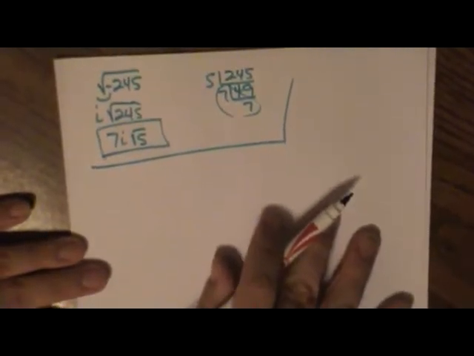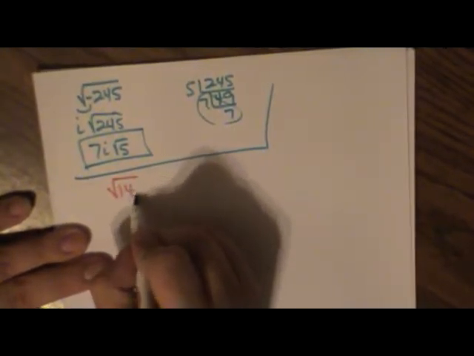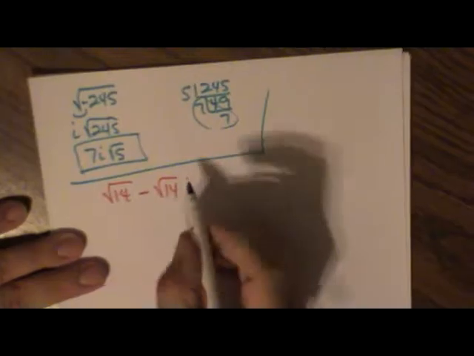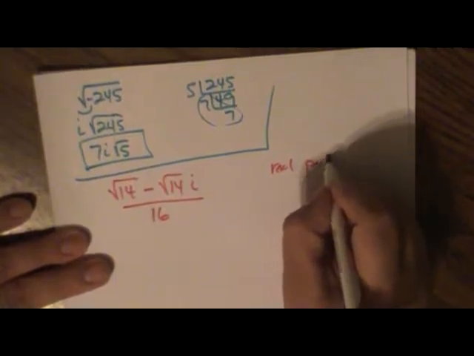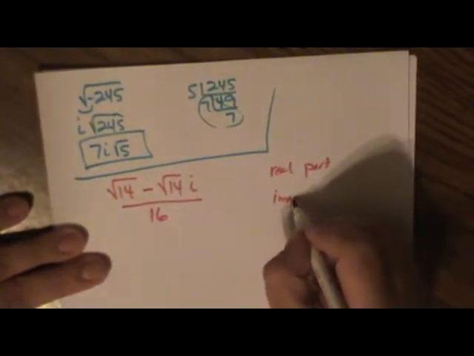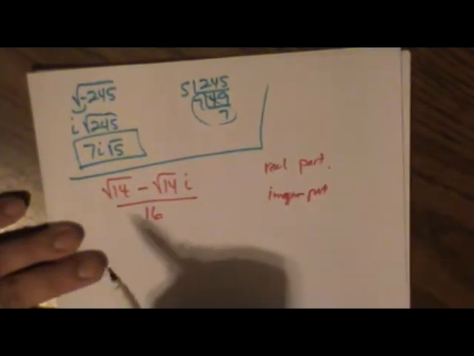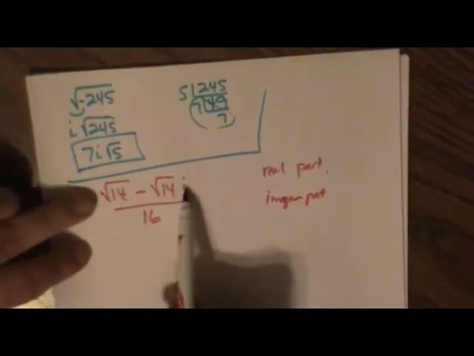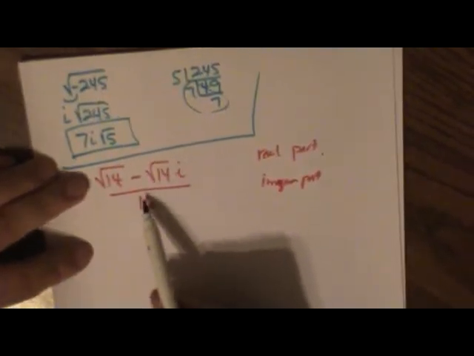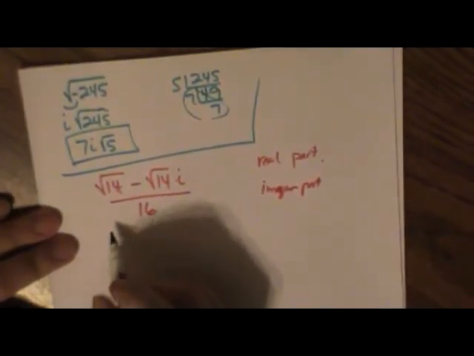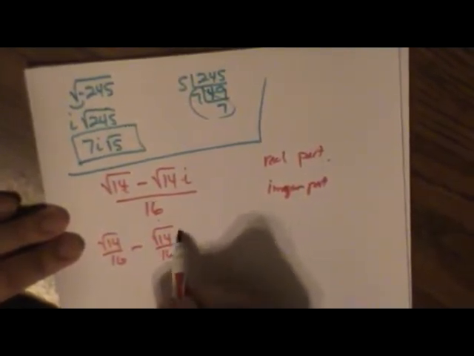Now you're going to see problems like this as well, where you have square root of 14 minus square root of 14i, all over 16, and they want the real part and the imaginary part. What you have to recognize is anytime you have 2 terms on the top with 1 on the bottom, you can separate those, and you actually have square root of 14 over 16 minus square root of 14 over 16i.